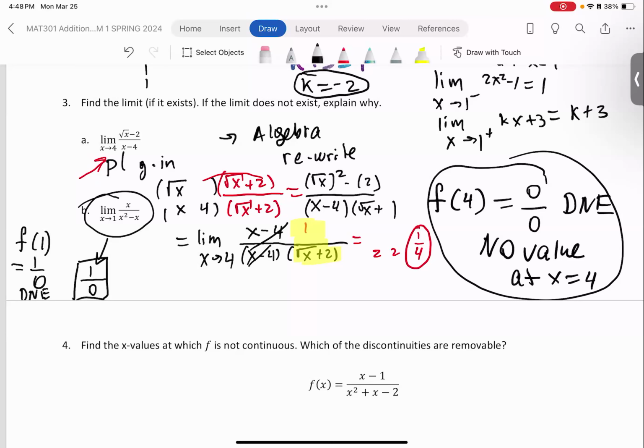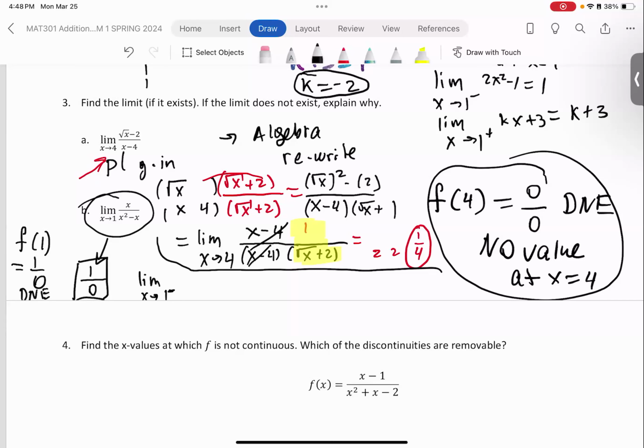So then you start investigating by substituting numbers on the left and substituting numbers on the right. All right, so what happens when you substitute x equals 1 from the left side? How do you approach this?